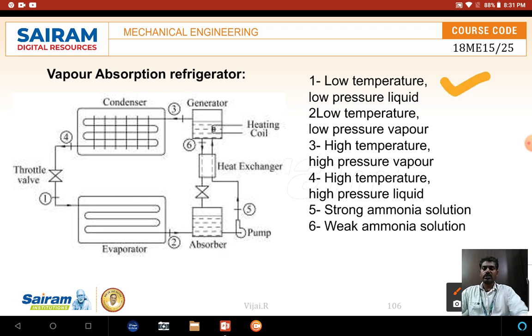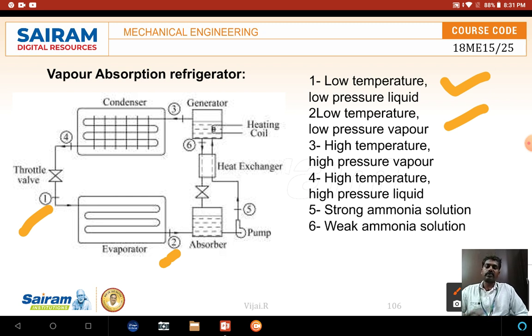Number one is the throttle valve, which changes the high pressure liquid to low pressure liquid. It then comes to the evaporator, which is number two, where the low temperature low pressure vapor comes out.